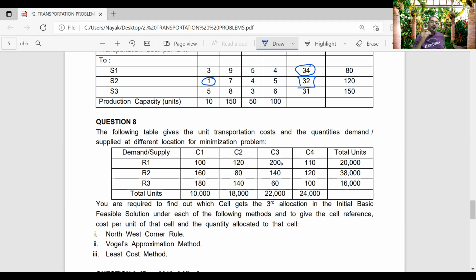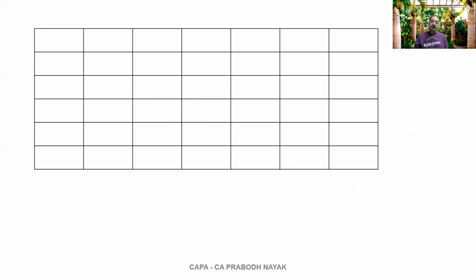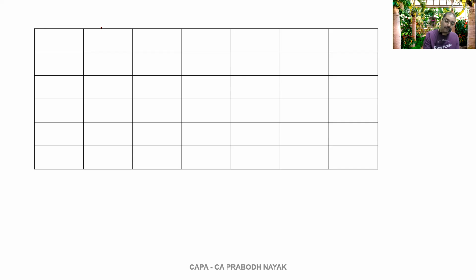Fine. So let us do this and try to find out the third allocation in each one. Let us do this. C1, C2, C3, C4, total.